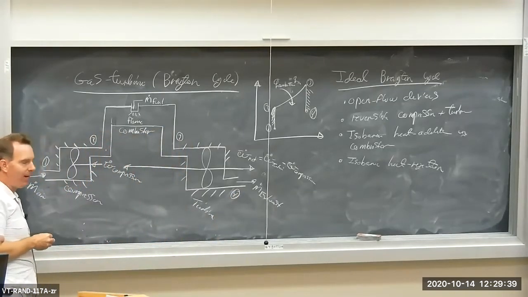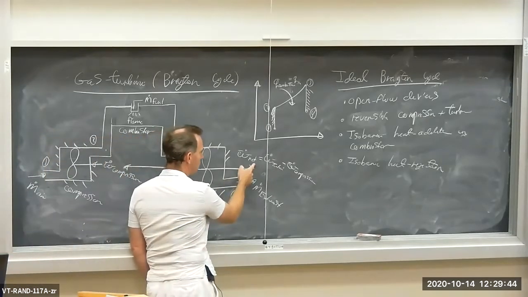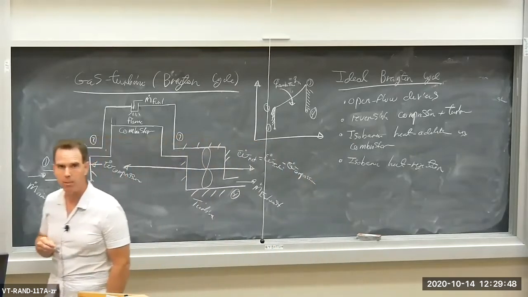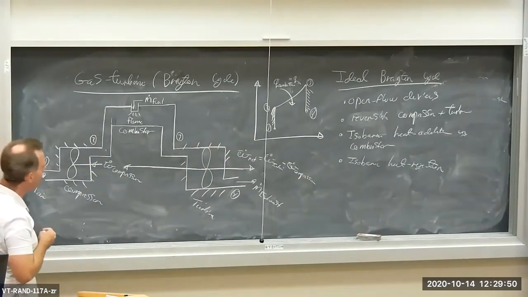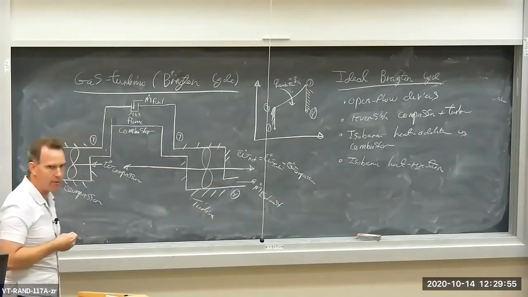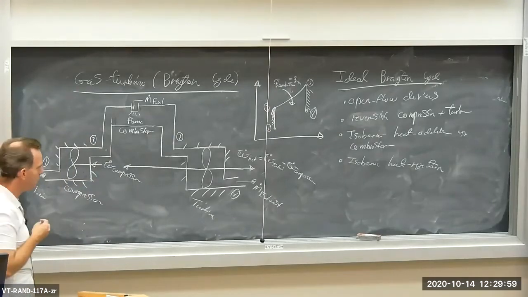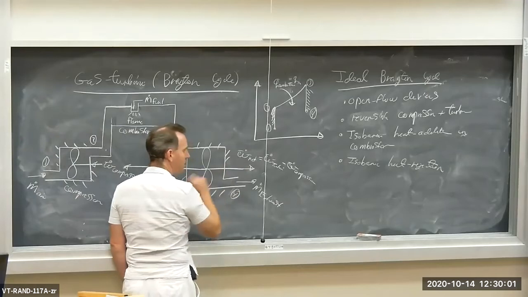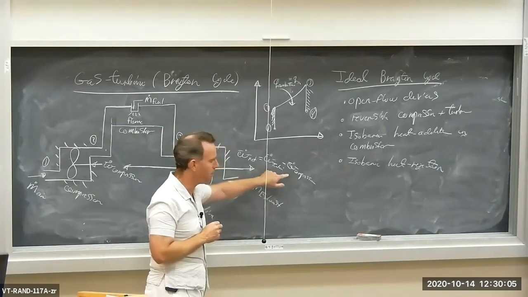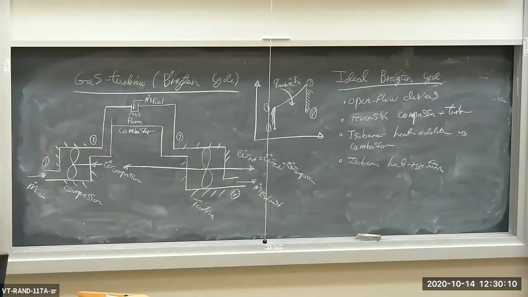Now, how does this device actually produce power? Well, the turbine's producing power, and the compressor is consuming power, okay? Some of the power produced by the turbine is fed in to drive the compressor, and the remaining power left over produced by the turbine, the net power, W dot net, which is the difference between the turbine and compressor power, that is your net power output for the gas turbine.